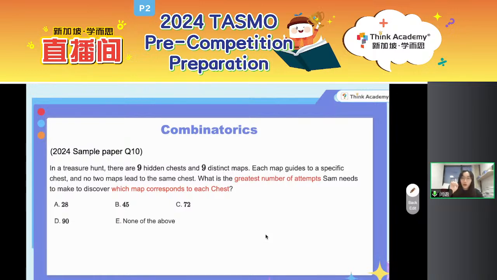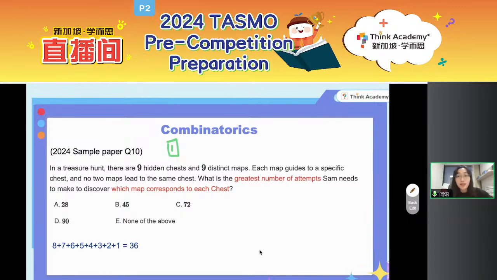So here, everyone, I want to mention more about the comprehension of the question. The last one must be corresponding to this map, right? So actually, what is the number of chests to try for the first map? It should be 8 instead of 9, okay? Because you need to figure out the correspondence.